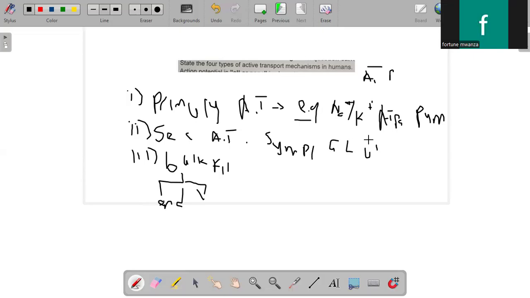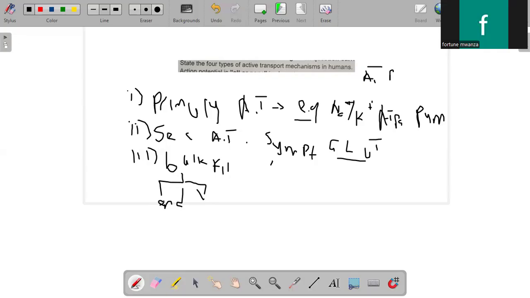When you start doing your glycolysis, you notice that you need this GLUT to move glucose molecules inside the cell. So that's a good example of a symport, where molecules move in the same direction.